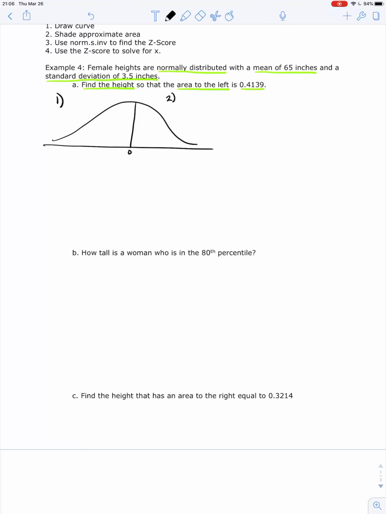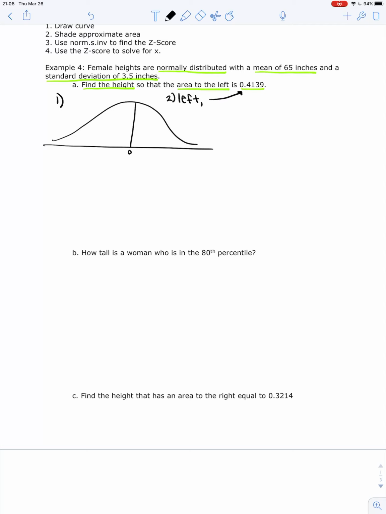So to shade our curve, I need to identify, do I have the area to the right, to the left, or do I have an area in between? So here we have the area to the left. And then I also need to identify how much of that area am I going to shade. Remember, the entire area underneath this curve is equal to 1.